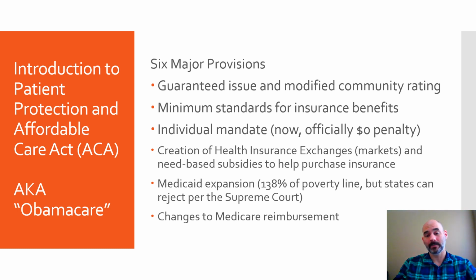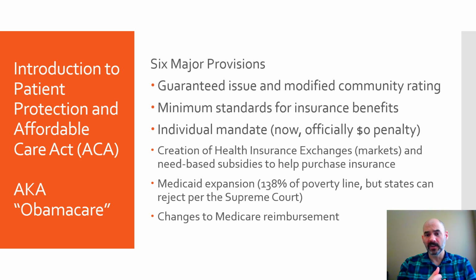The individual mandate is probably the most controversial part of the Affordable Care Act. This is the requirement that every individual purchase health insurance. Otherwise, they have to pay a penalty. And so the thought here was, if we go back to the very first 2 weeks of class, due to the problem of adverse selection, the healthiest people in society are going to have the lowest willingness to pay for health insurance and be less likely to buy it.